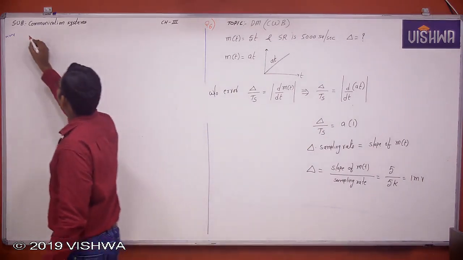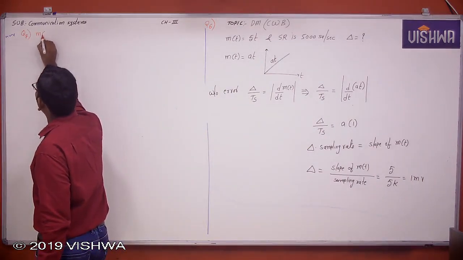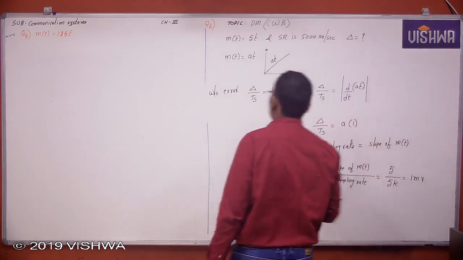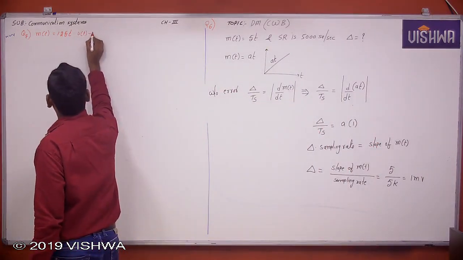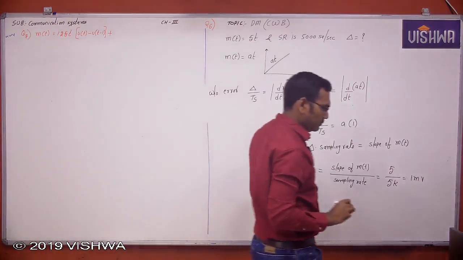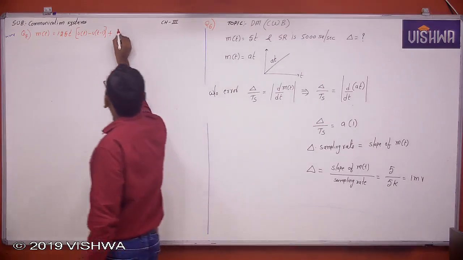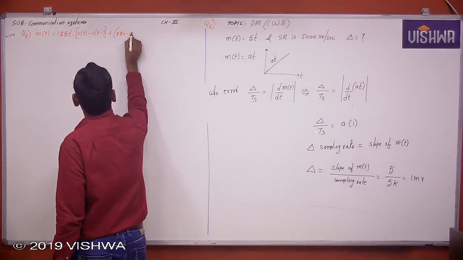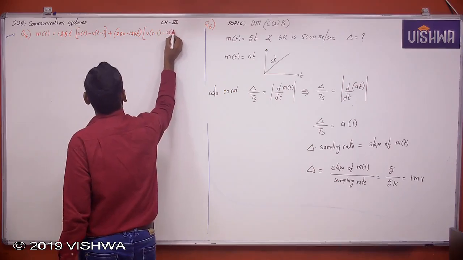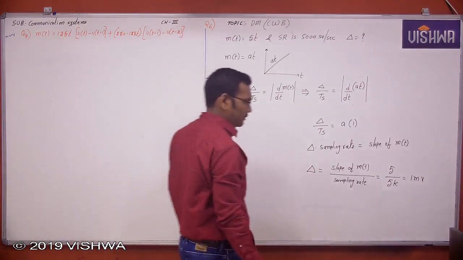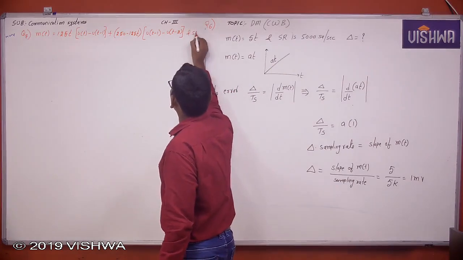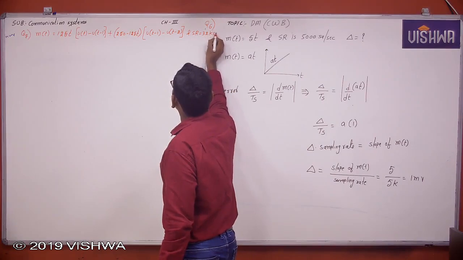Now, question number 7. If m of t is 125 t into u of t minus u of t minus 1, plus 250 minus 125 t into u of t minus 1 minus u of t minus 2, this is m of t, and the sampling rate is 32 kilo samples per second.